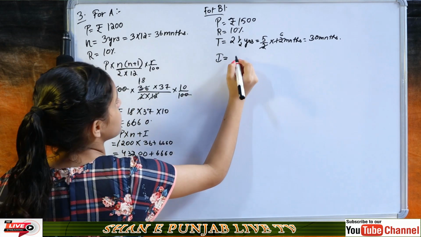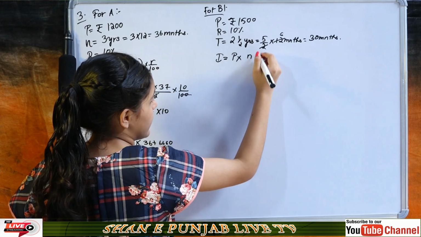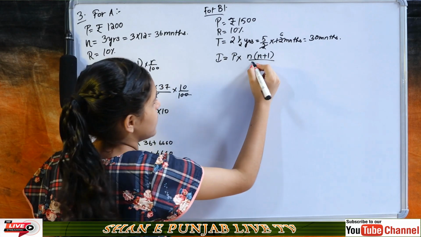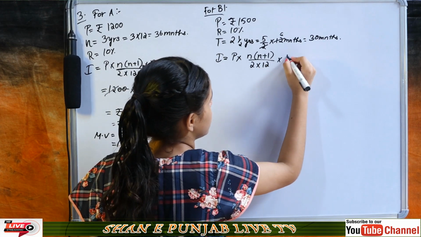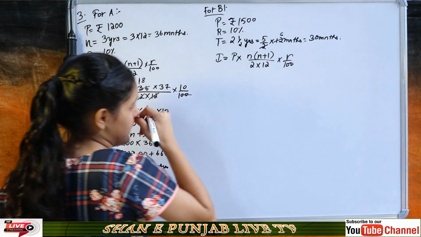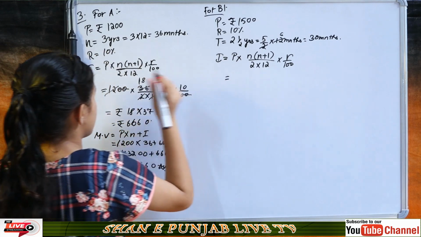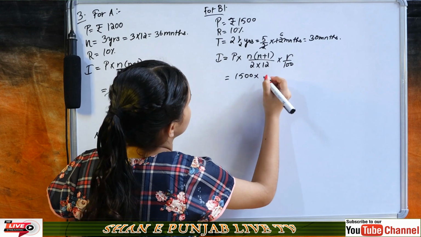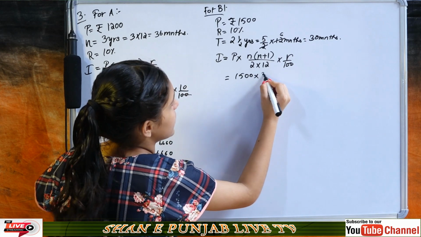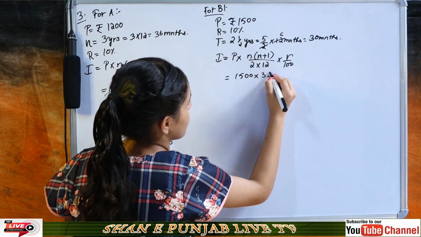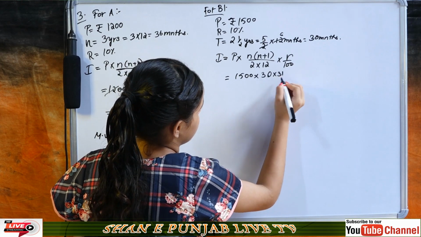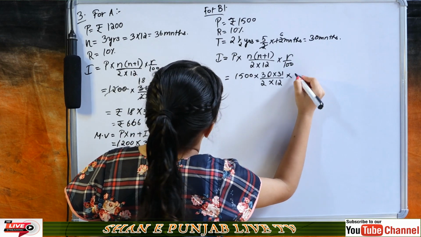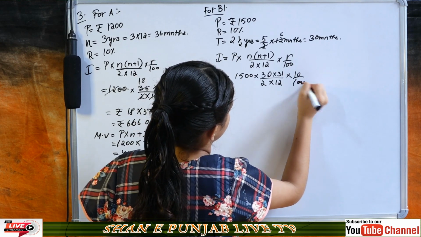Interest P into N plus 1 upon 2 into 12 into R by 100, same as this formula. P here is given as 1500 into N is given as 30, here 30 plus 1, 31 upon 2 into 12 into R here is same 10.